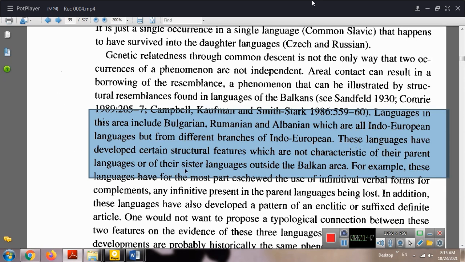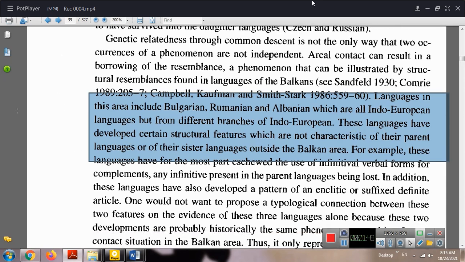These languages have developed certain structural features which are not characteristic of their parent languages or of their sister languages outside the Balkan area. Okay, here the resemblance of these three languages is because of the language contact. They borrow that resemblance from each other.